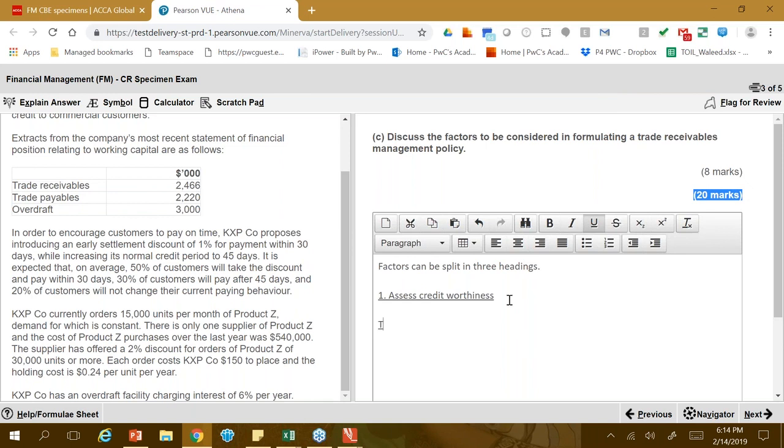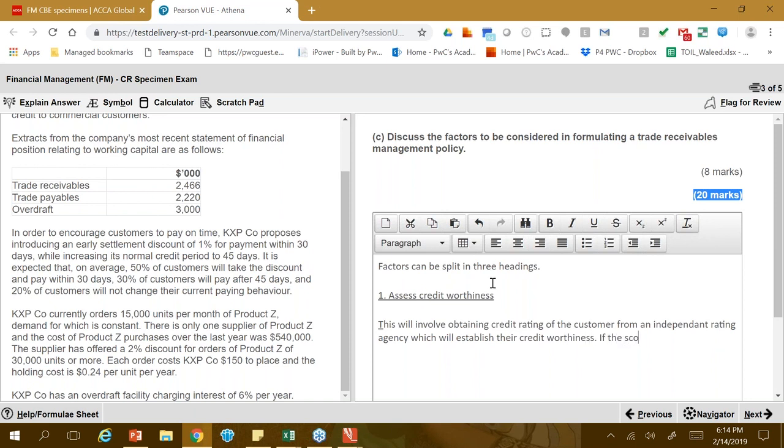assessing creditworthiness will involve obtaining the credit rating of the customer from an independent rating agency, which will establish their creditworthiness.